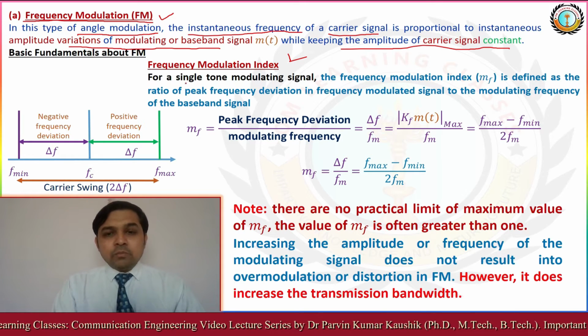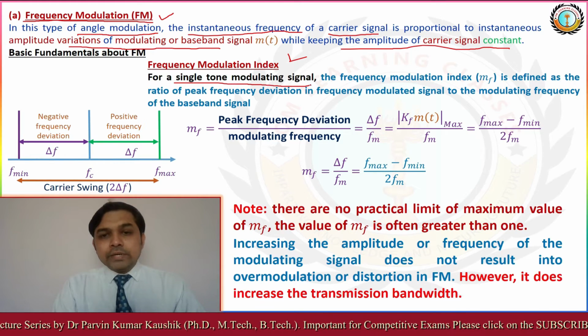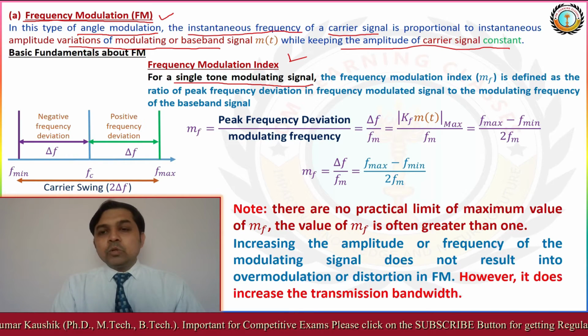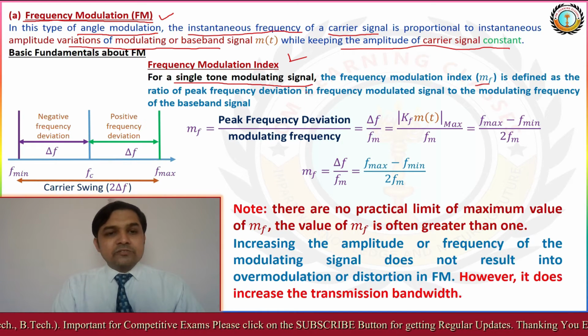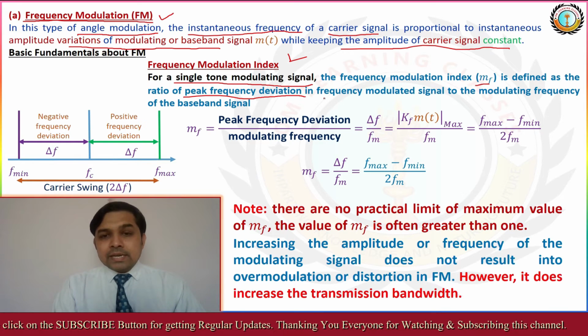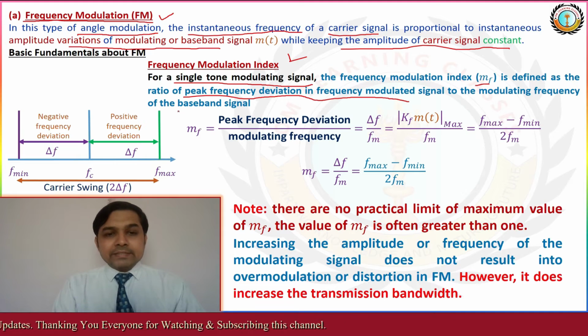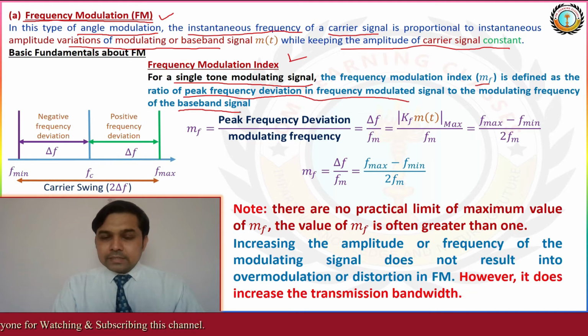So for the frequency modulation index, by considering the single tone modulating signal, the frequency modulation index MF is defined as the ratio of peak frequency deviation in the frequency modulated signal to the modulating frequency of the baseband signal.